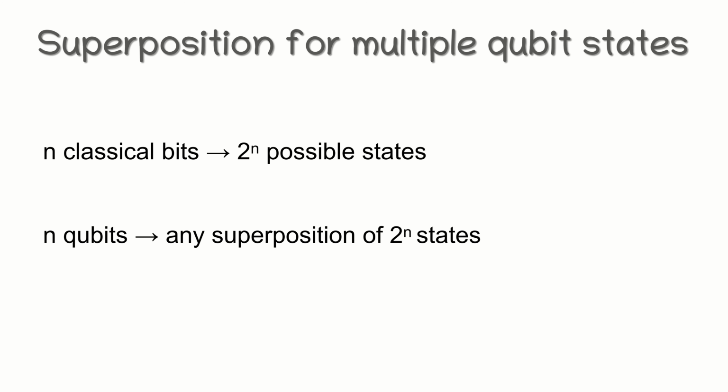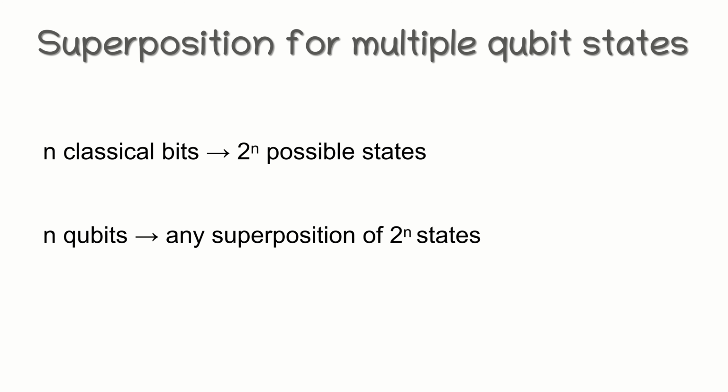So, what about multiple qubit states? When dealing with multiple qubits, the concept of superposition becomes even more powerful. A collection of n classical bits has 2 to the power of n possible states, whereas the state of a quantum system with n qubits can be represented as a superposition of 2 to the power n basis states.